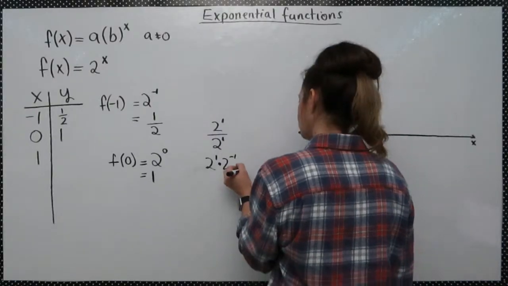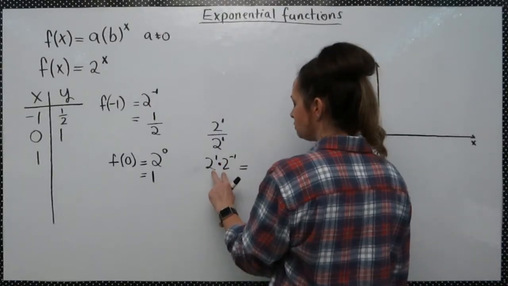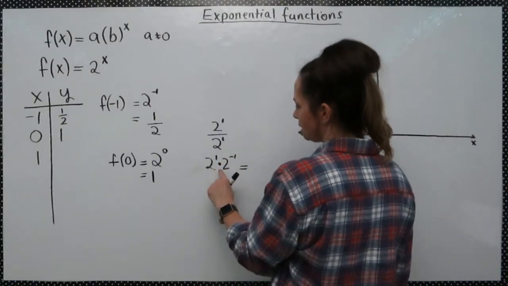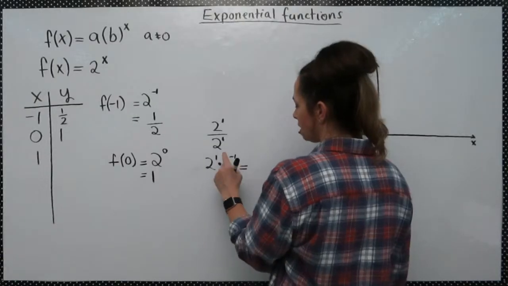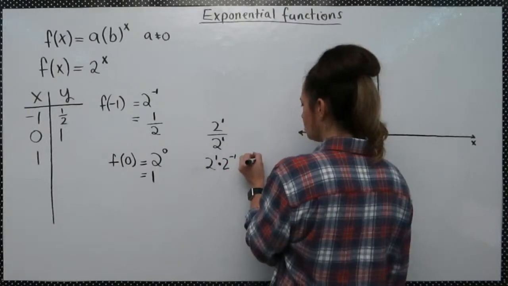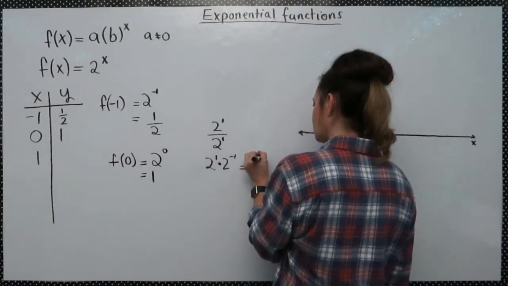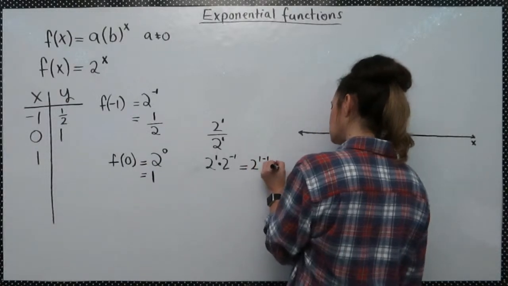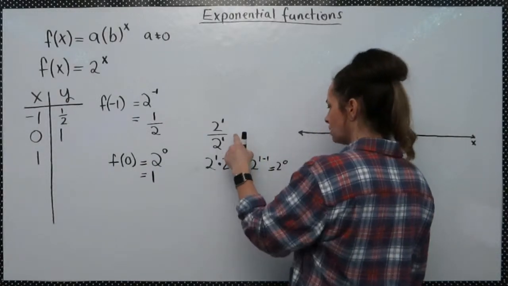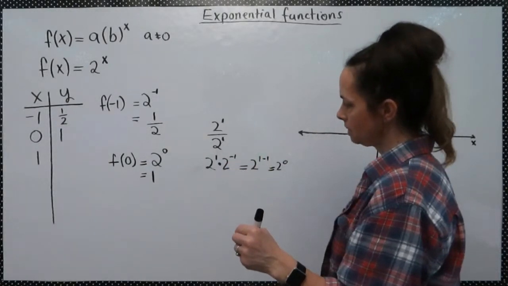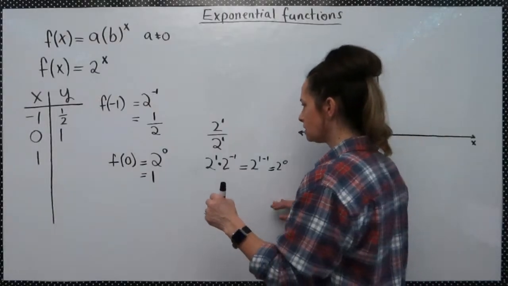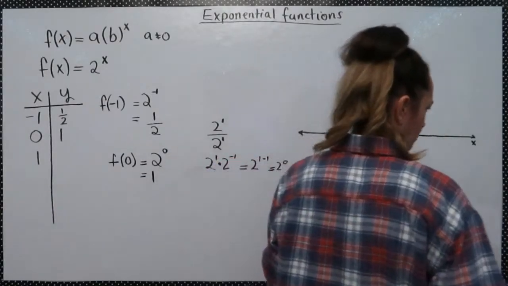Whenever you have two numbers with the same base and you're multiplying them, you add the exponents. So when you add 2 to the first minus 1, you get 2 to the 0, which is 1. And this is how it's shown that anything raised to the 0 power is equal to 1.